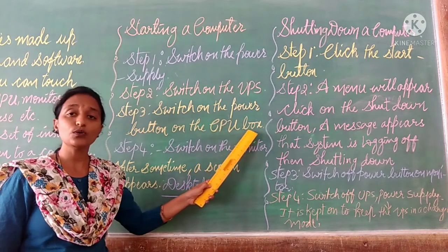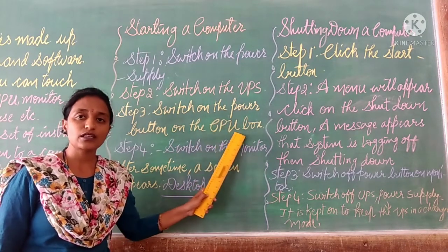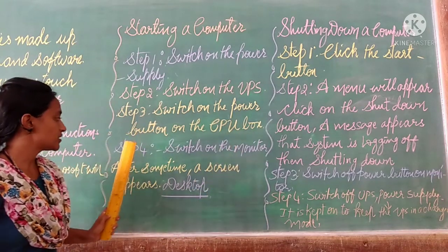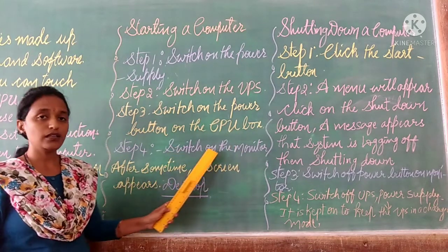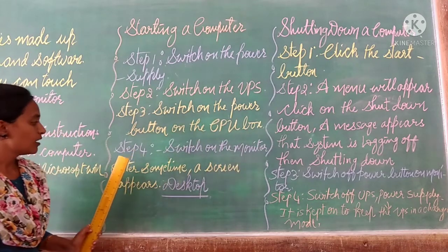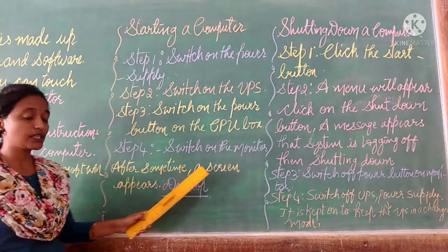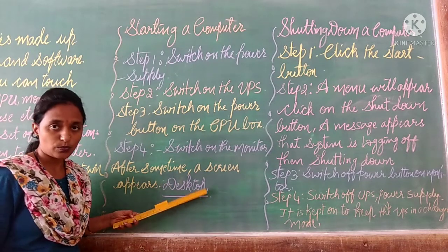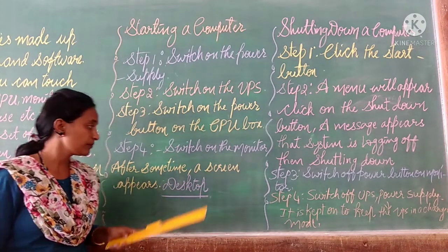That is the CPU cabinet. CPU stands for Central Processing Unit. Step 4. Switch on the monitor. After some time, a screen appears. That screen is called desktop. What do you mean by desktop, children?